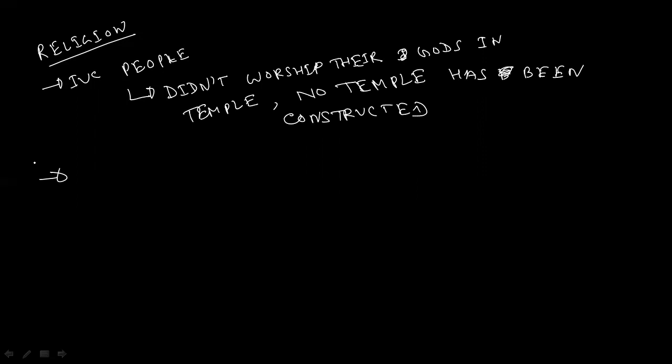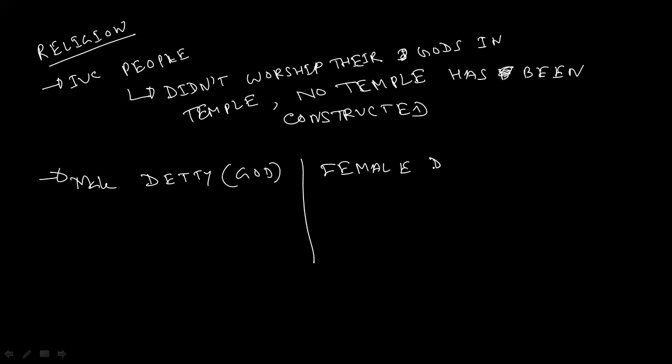So mainly in the Indus Valley civilization, there are male deity and female deity. There are two gods: one is a male deity, god, and one is a female deity, goddess.